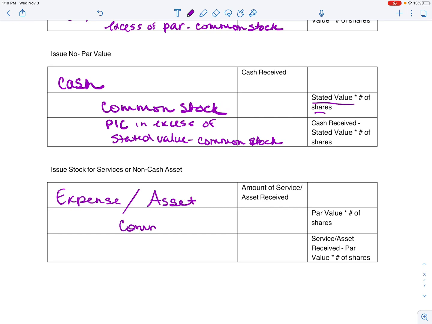We still record that common stock at par value, and then we're still recording that paid in capital in excess of par common stock.